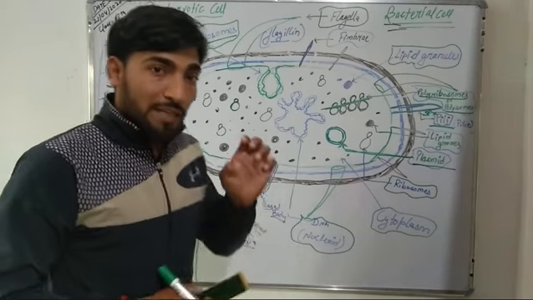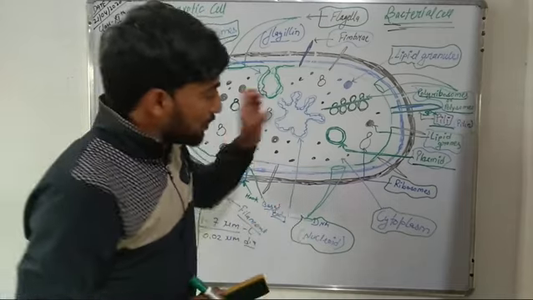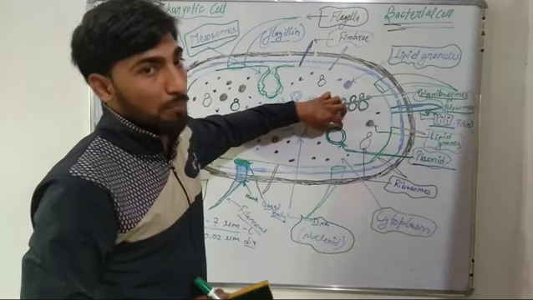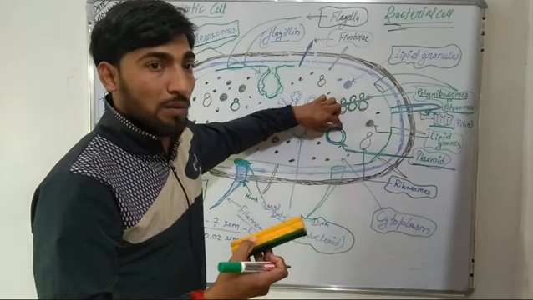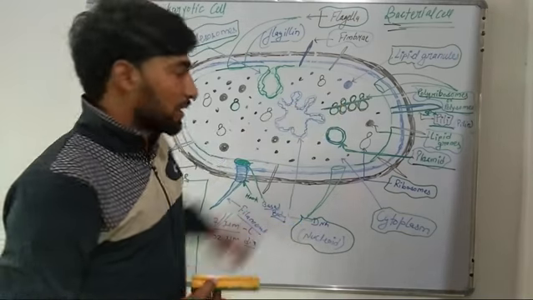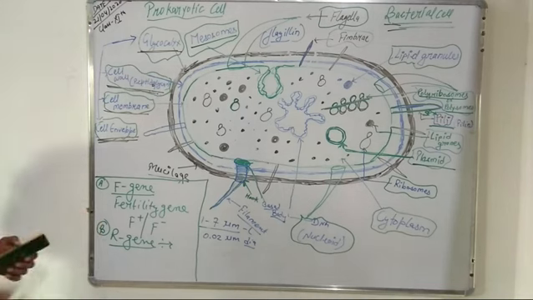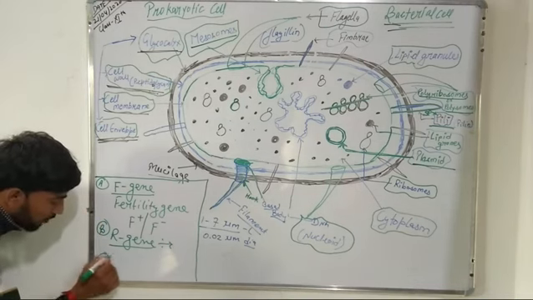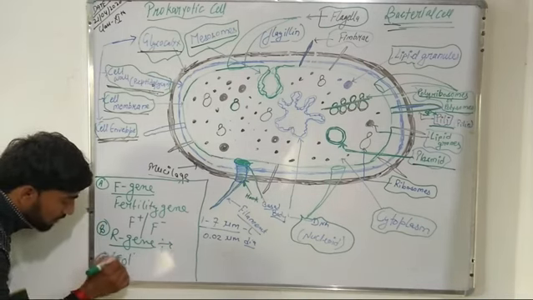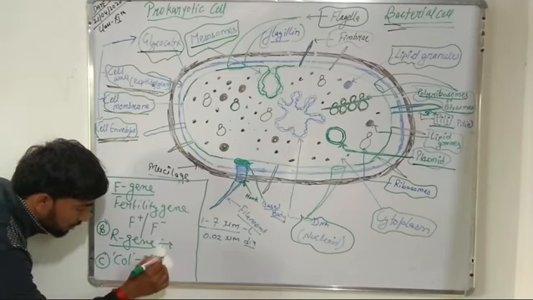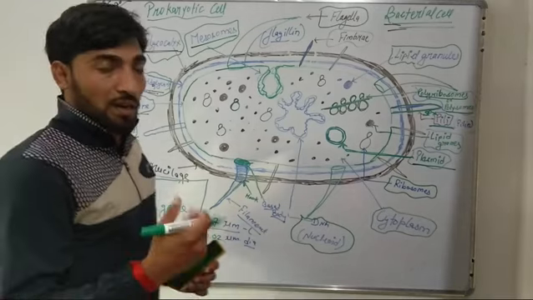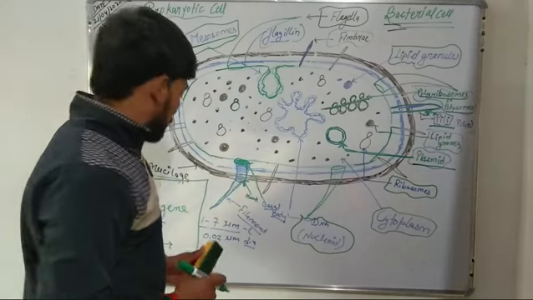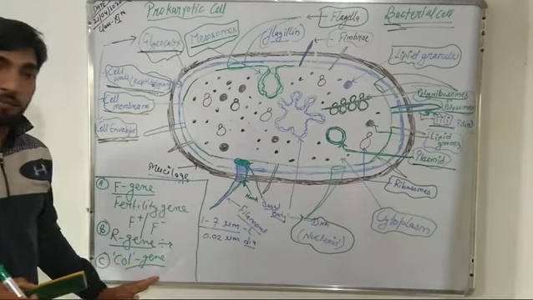So the antibiotic resistant genes are present in the plasmid of a bacteria that provides antibiotic resistance against some antibiotics. The third gene present in the plasmid is known as the Col gene, and it provides bacteria the resistance against colchicine. So these are the 3 genes which are present in the plasmid.